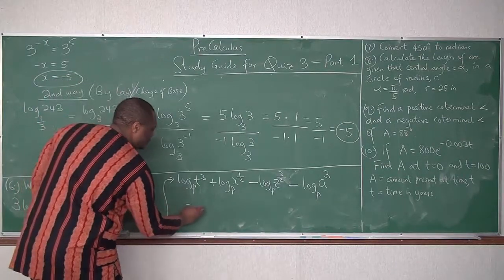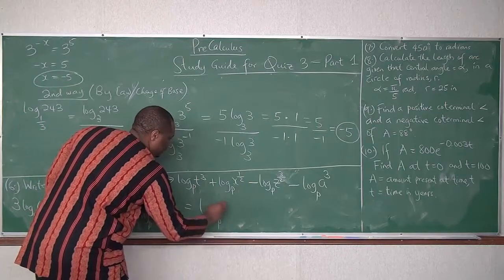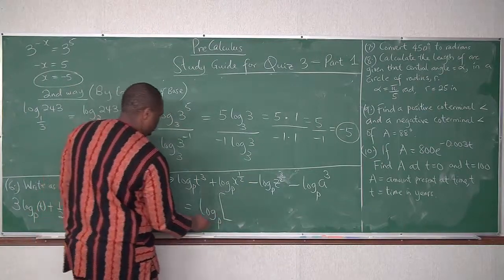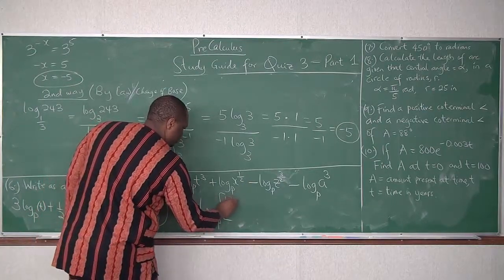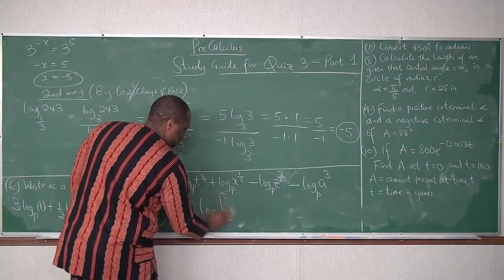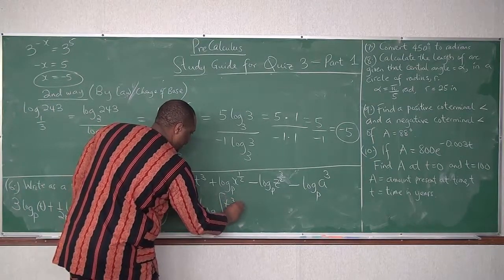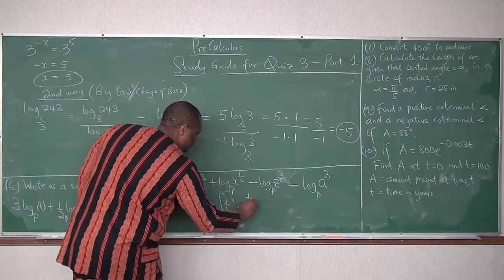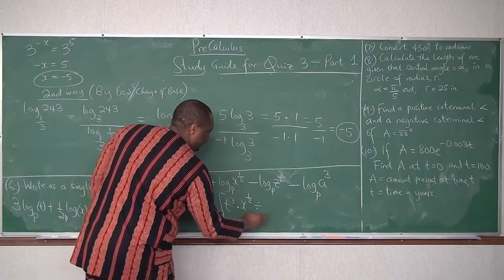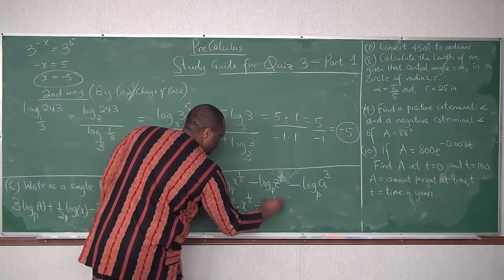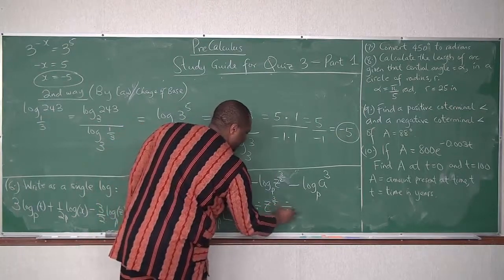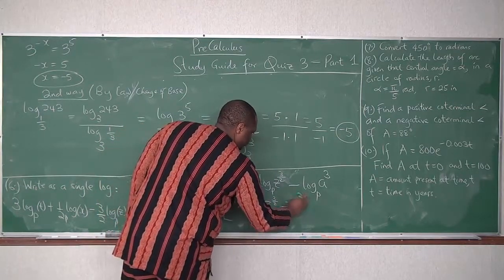This is log to base p t cube times x raised to power 1 over 2 divided by z raised to power 3 over 2 divided by a cube.